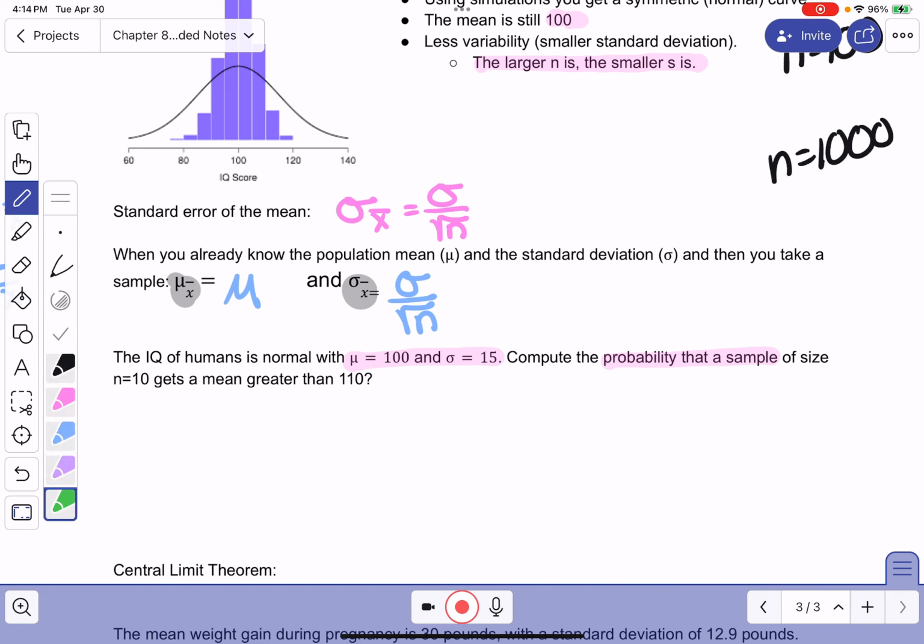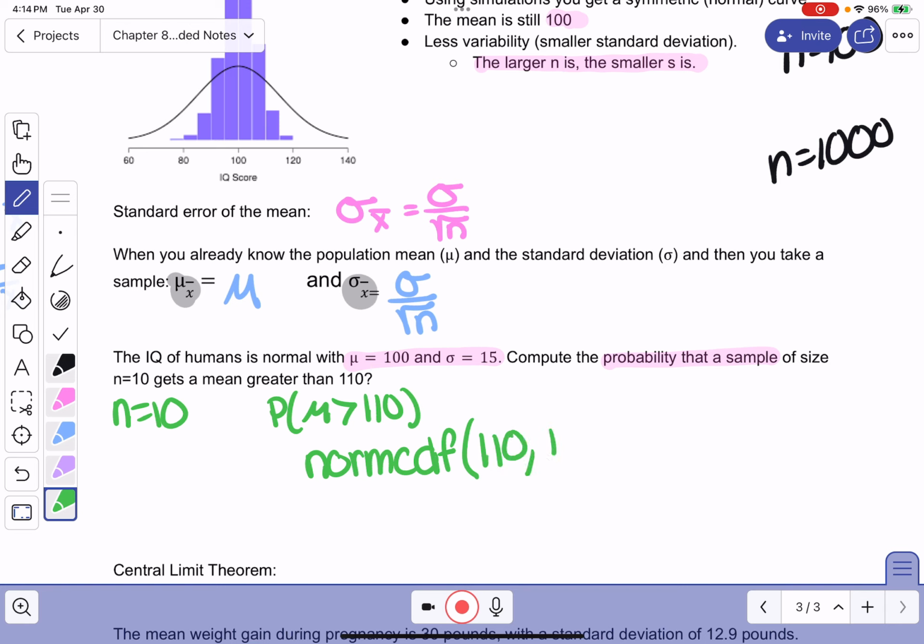So let's do one. The IQ of humans is normal with mean 100 and standard deviation 15. Compute the probability that a sample of size 10 gets a mean greater than 110. So whenever we're doing probabilities, we're now using norm CDF. Our lower is going to be 110.